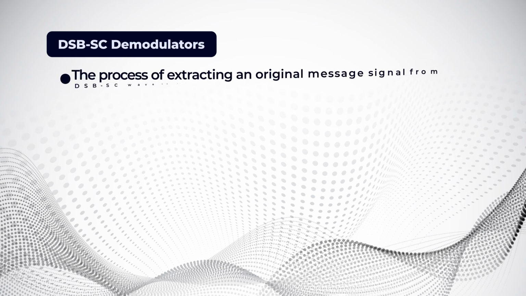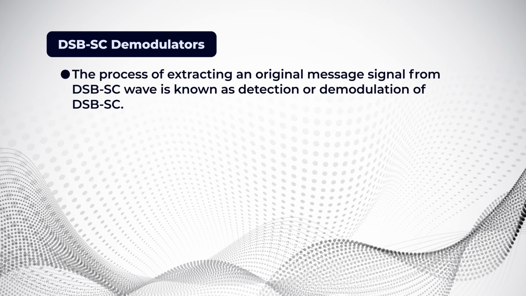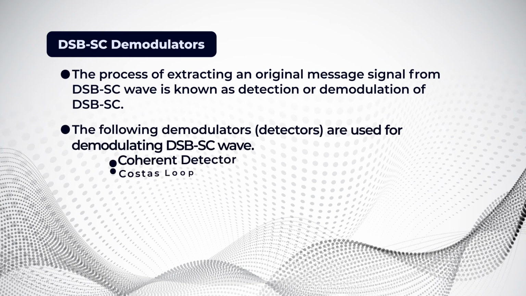Now, next we will see double sideband suppressed carrier demodulator. The process of extracting an original message signal from the double sideband suppressed carrier wave is known as detection or demodulation of DSB-SC. The following demodulators or detectors are used for demodulating DSB-SC wave.